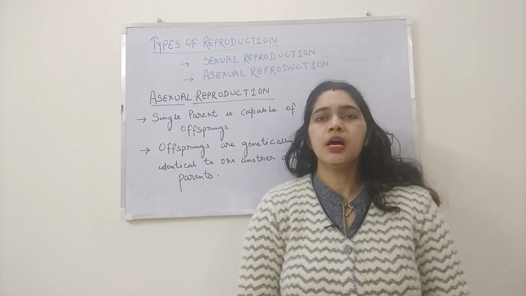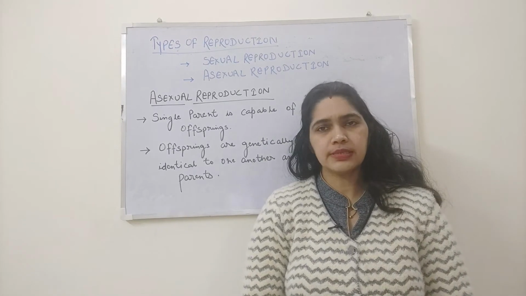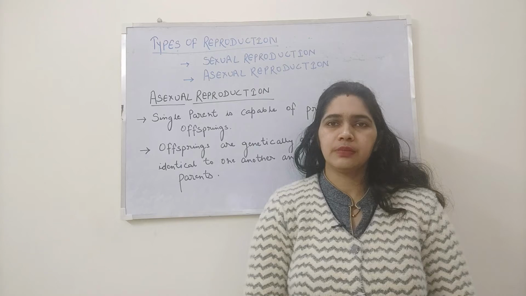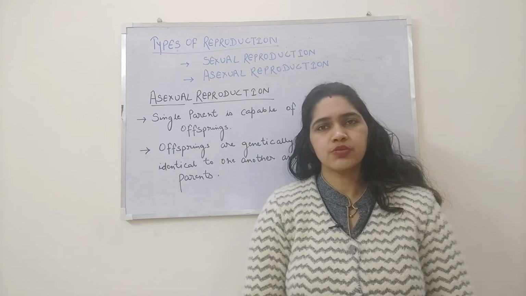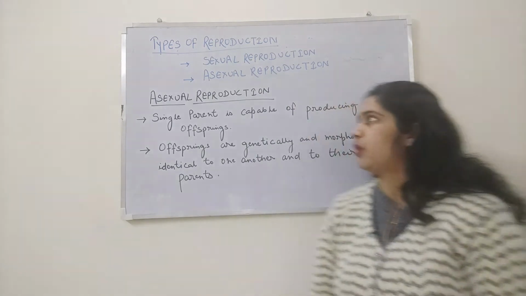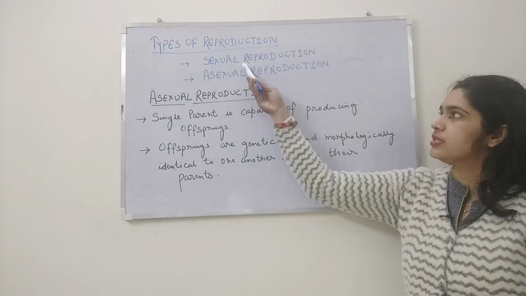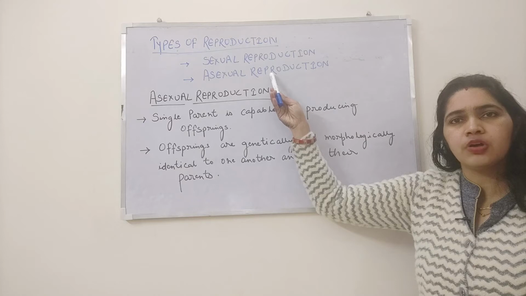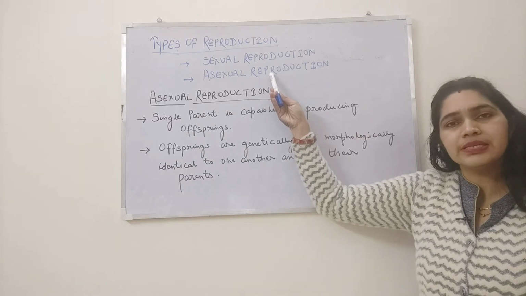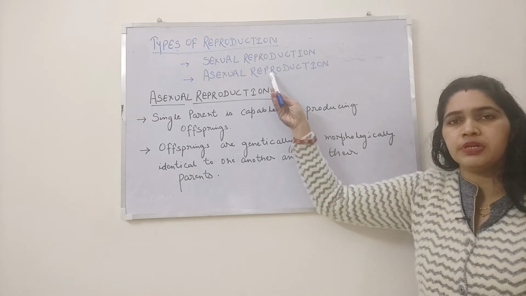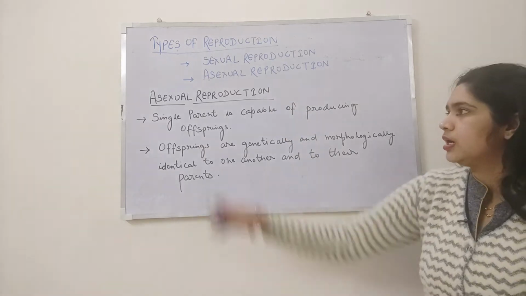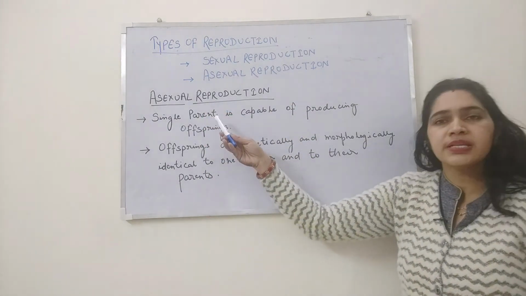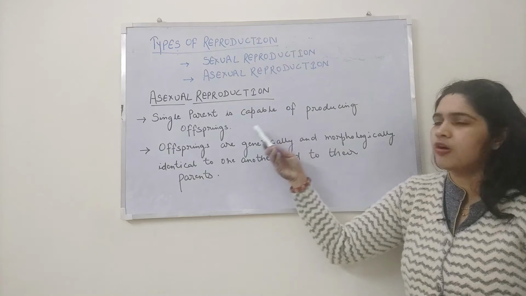Based upon the participation of one organism and two organisms, reproduction is of two types: sexual reproduction and asexual reproduction. Sexual reproduction is one in which two parents are involved, whereas in asexual reproduction only a single organism, or you can say a single parent, is involved. Now the key points for asexual reproduction are: single parent is capable of producing offsprings.